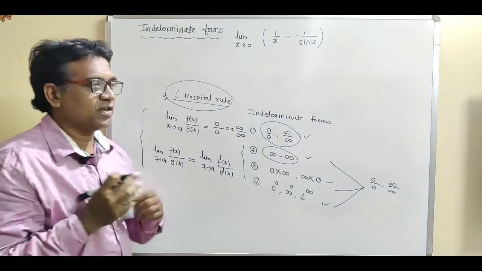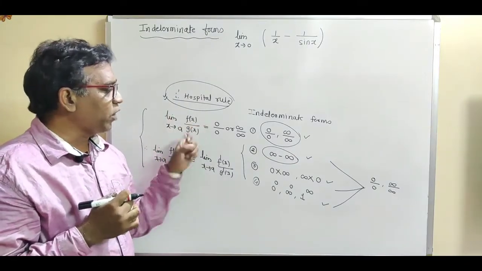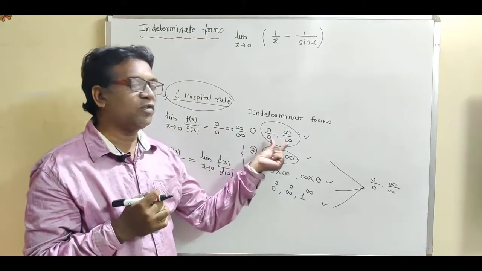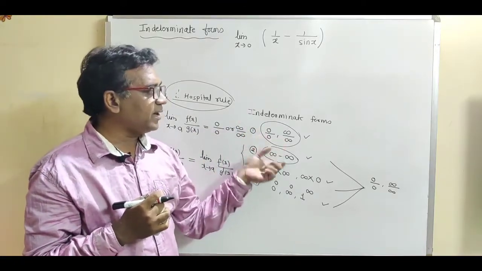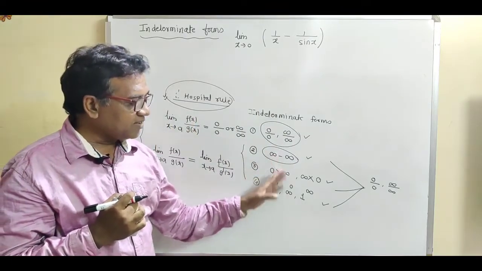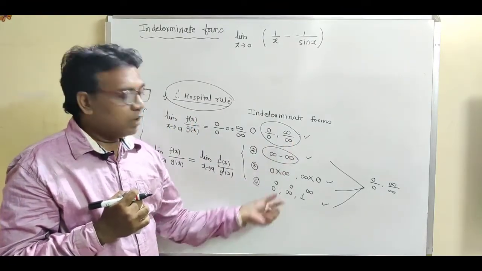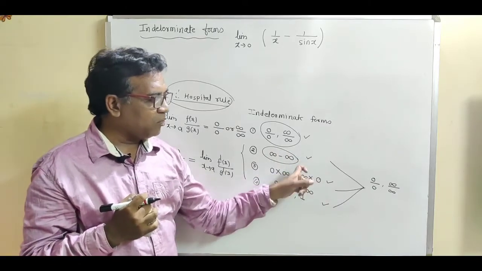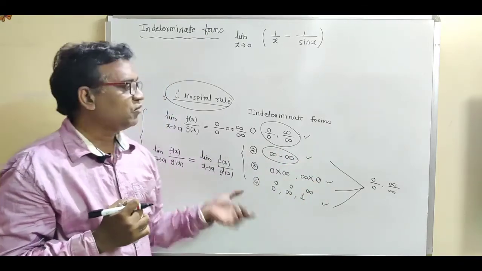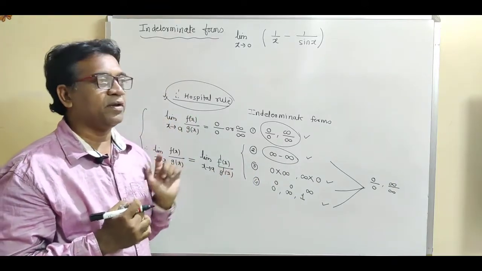So see what is the process. If the limit form is division form, we can directly apply the L'Hopital rule. For the 3 remaining cases, we have to convert the form into division form so that we can apply the L'Hopital rule.